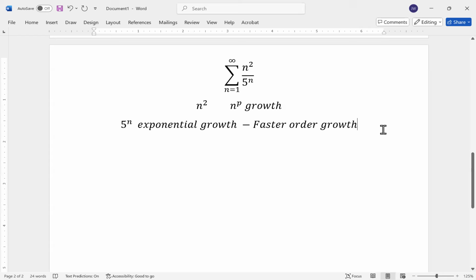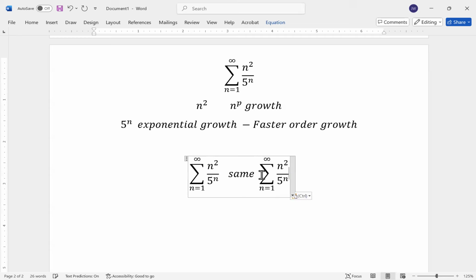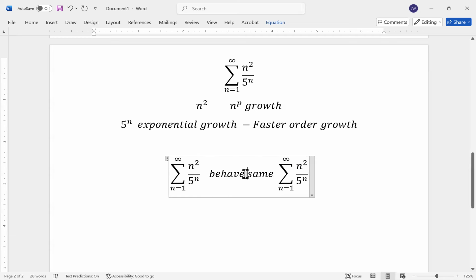So that means this infinite series is going to behave in the same way. It's not the same, but it's going to behave the same as if the n to the p growth wasn't around.